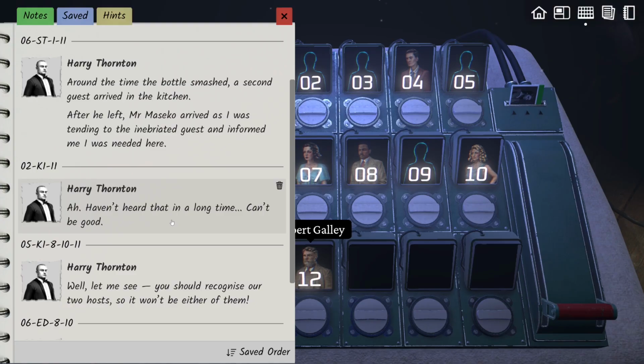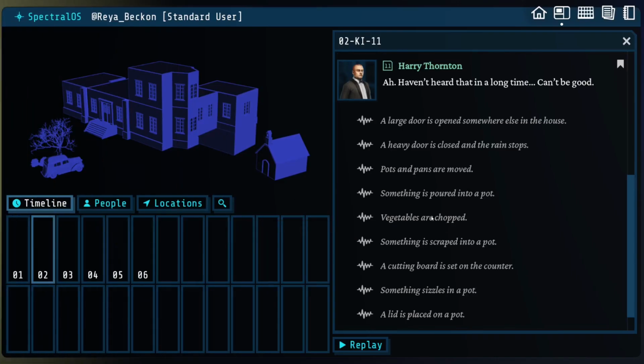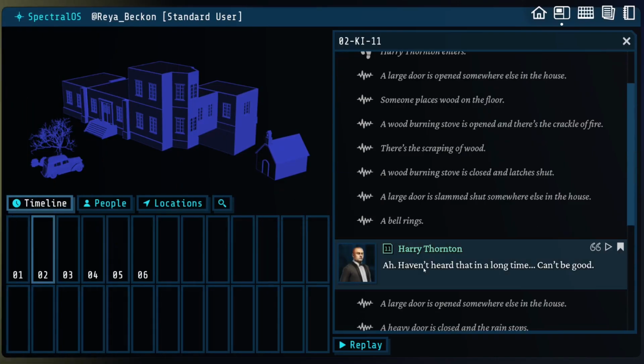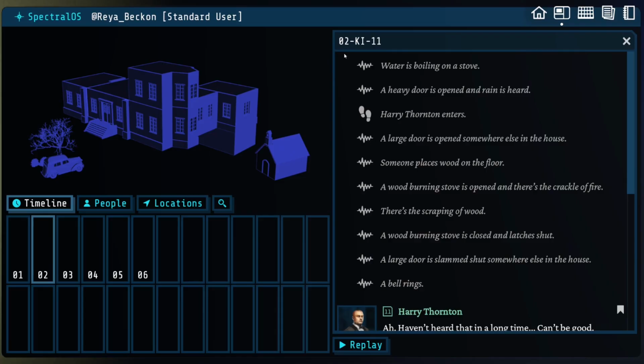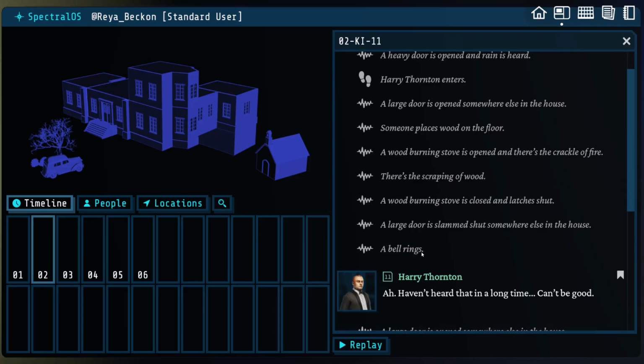The bell. There was a ring bell in the second time slot. A large door is slammed shut somewhere else in the house.